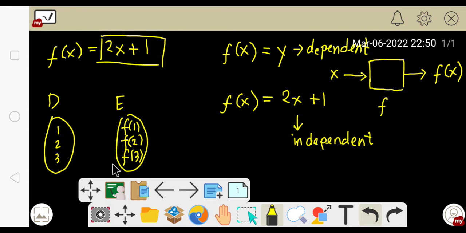These are the values of the range. This is our range, and this is our domain. So that means every x is assigned to only one element in the set E, or in our range.